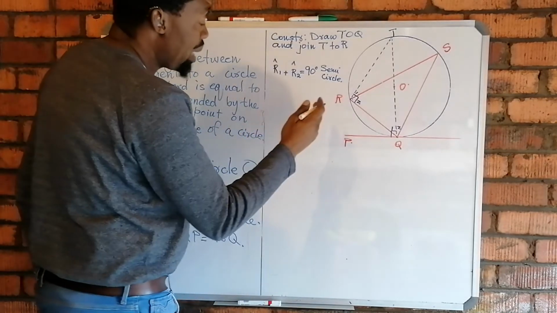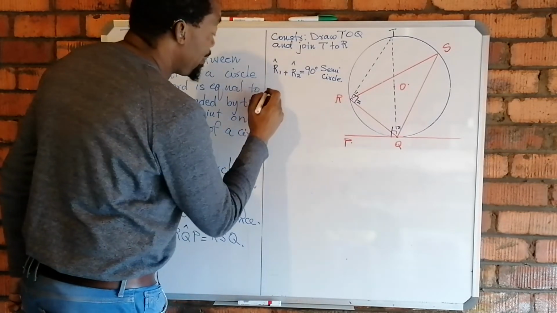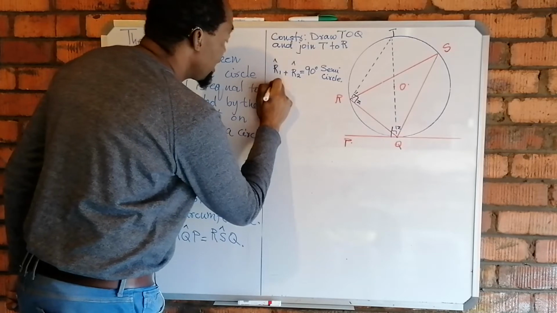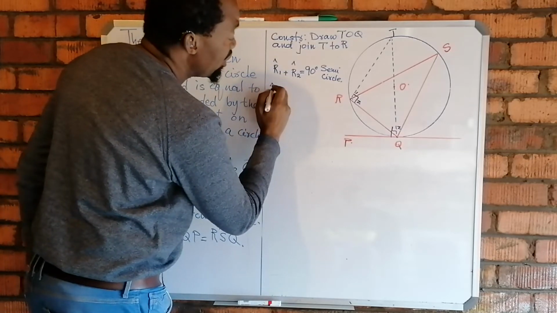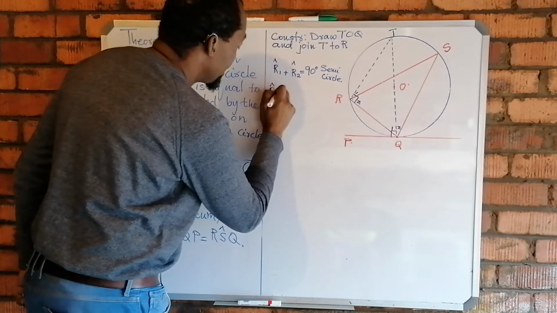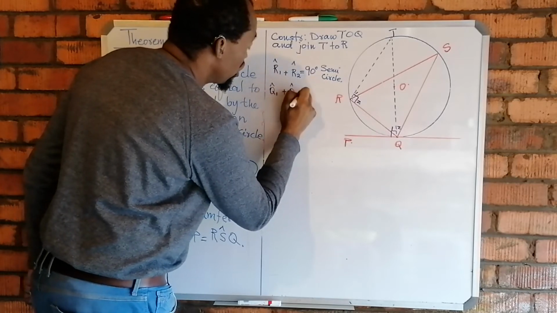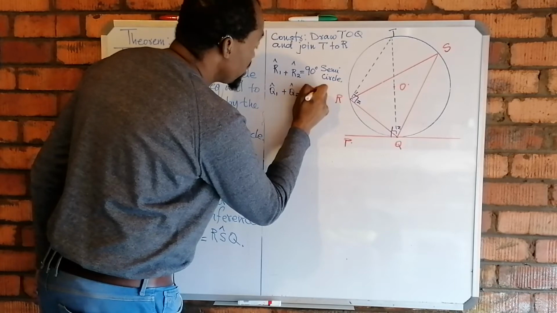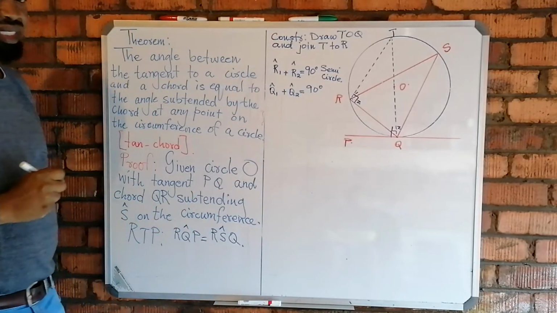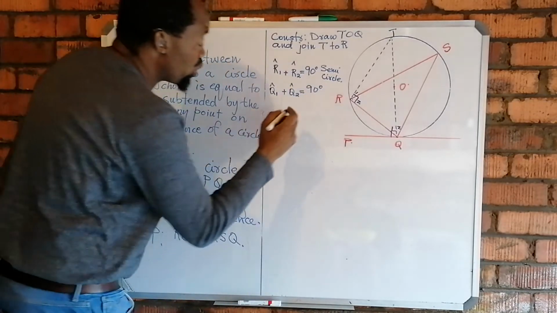Then I'm going to move on and say, but I know that angle Q1 plus angle Q2 is also equal to 90 degrees. How do I know that?